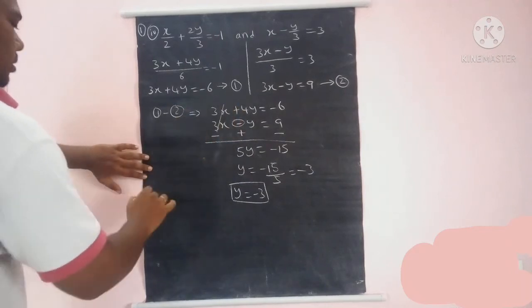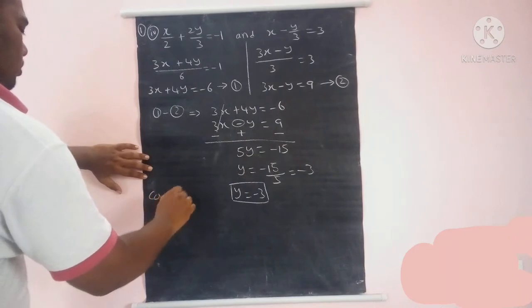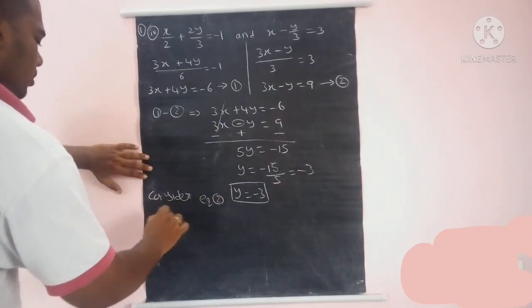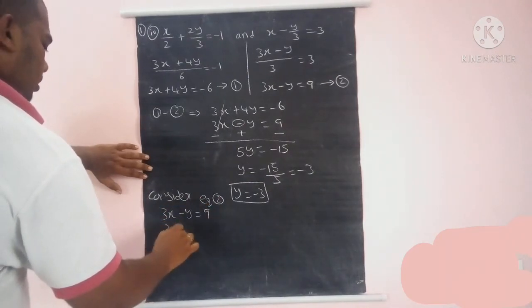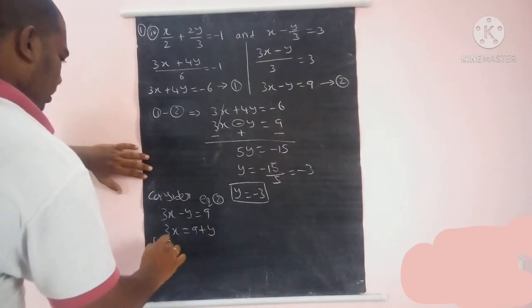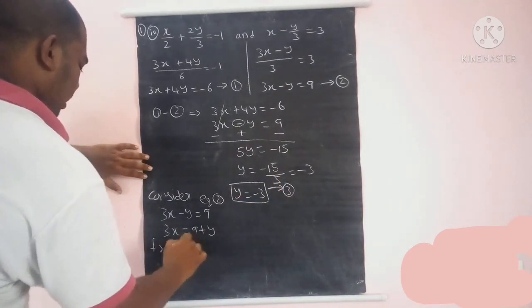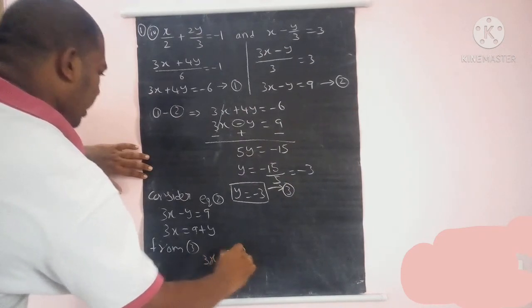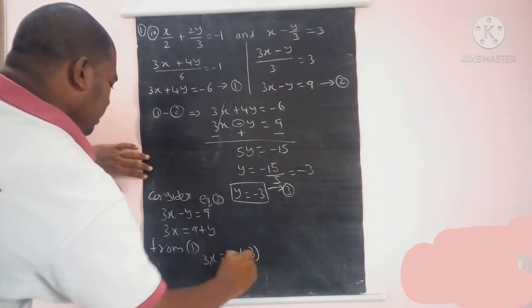So now consider equation 2. 3x minus y equals 9. 3x equals 9 plus y. So from 3 we can write 3x equals 9 plus minus 3.